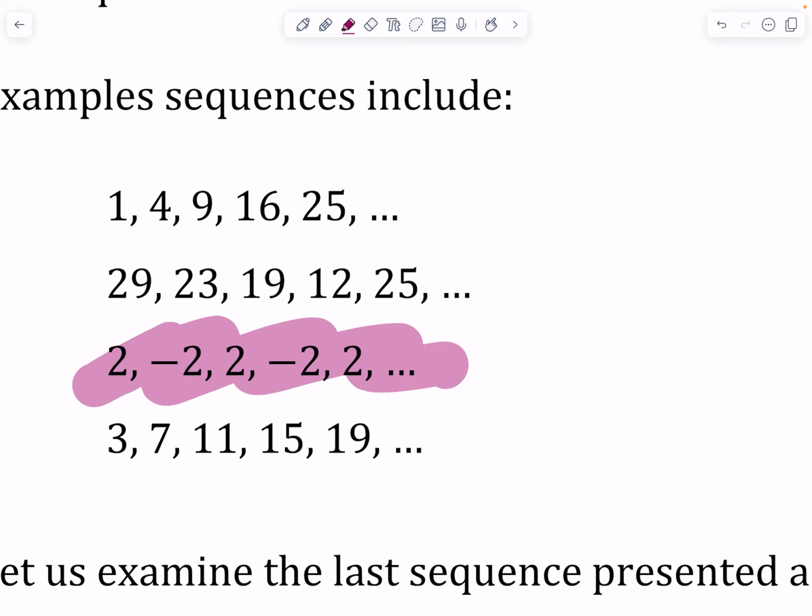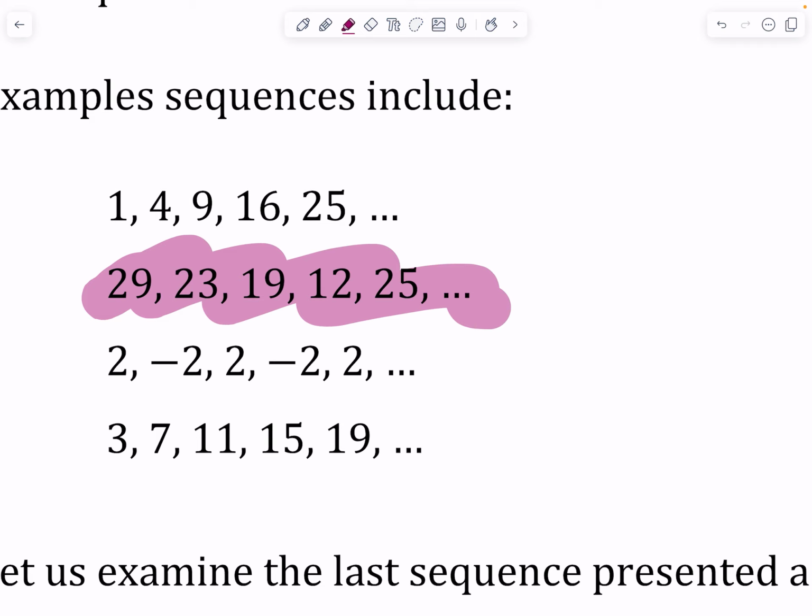This third sequence just keeps bouncing back and forth between positive and negative 2. But this second sequence, I don't even know what's going on there. That's just seemingly random. They're definitely not all prime. Sometimes they go down, sometimes they go up by different numbers. It's a gong show. But those are all examples of sequences.